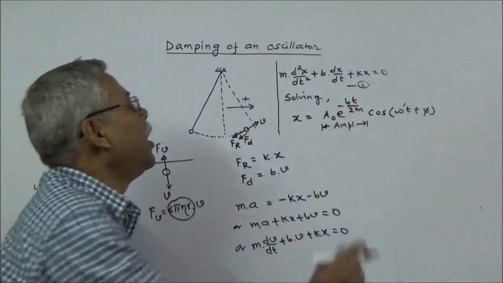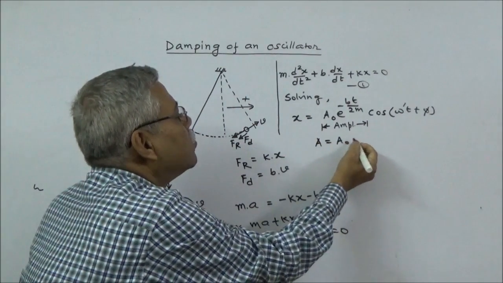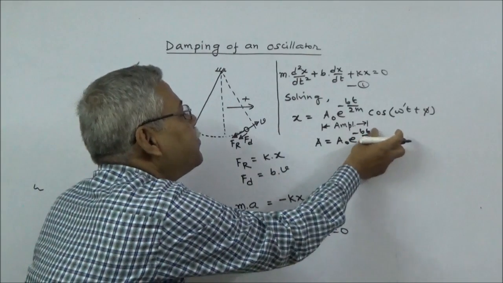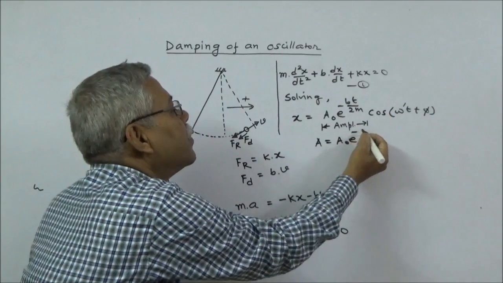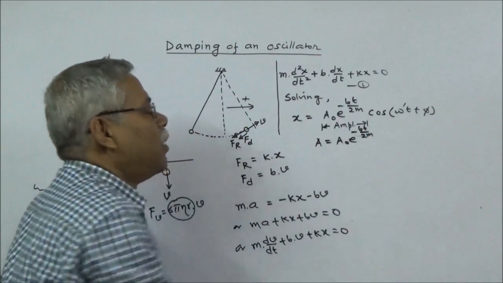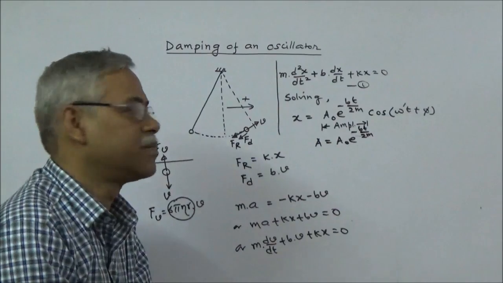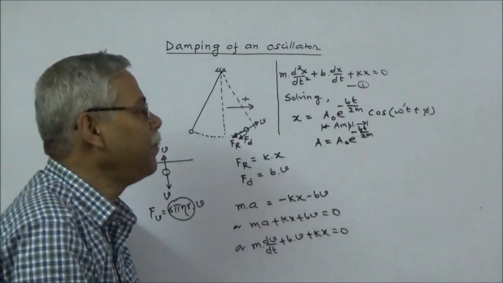So A equal to a naught into e to the power minus bt by 2m.